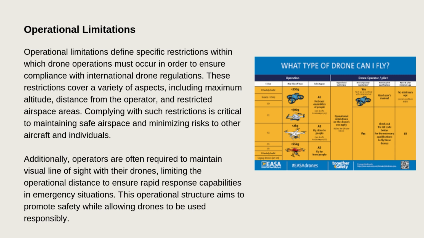Complying with such restrictions is critical to maintaining safe airspace and minimizing risks to other aircraft and individuals. Additionally, operators are often required to maintain visual line of sight with their drones, limiting the operational distance to ensure rapid response capabilities in emergency situations.